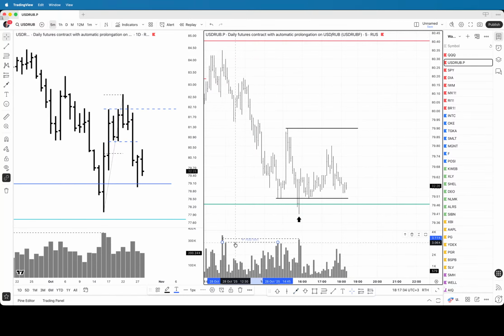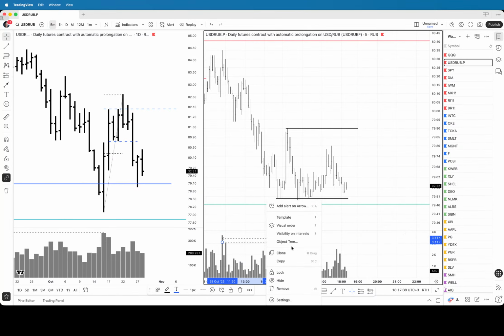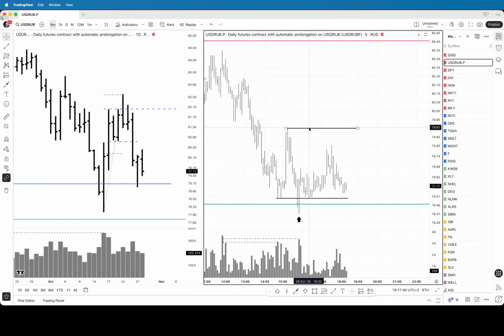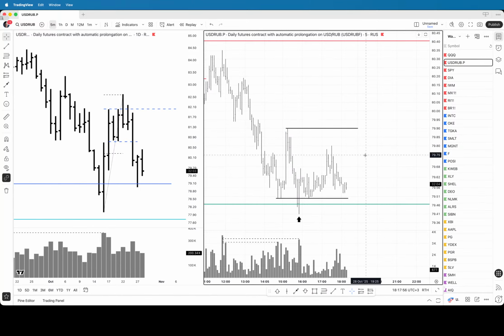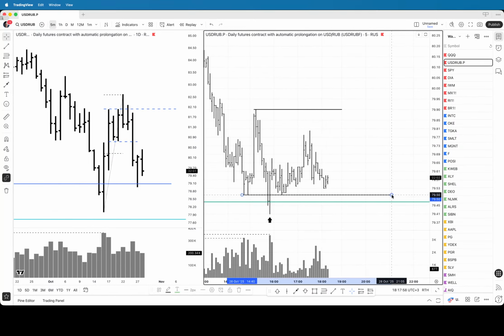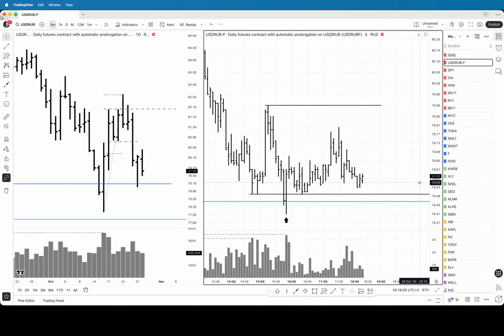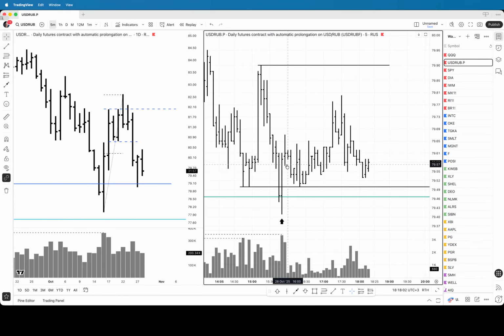You see what's weird, I don't have sync option for any chart on the lower volume window. So yeah, this was an entry.